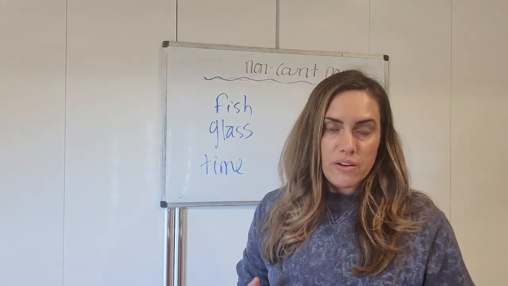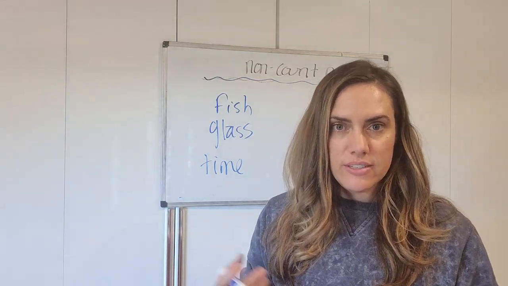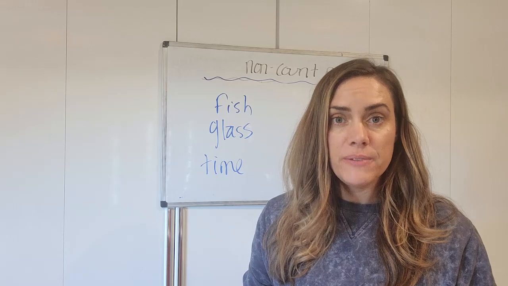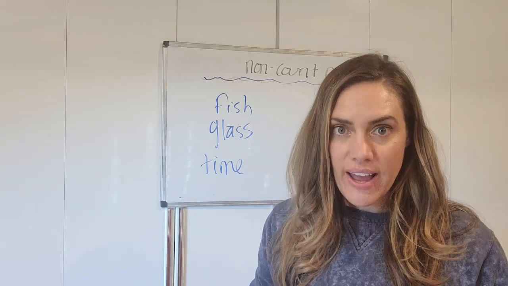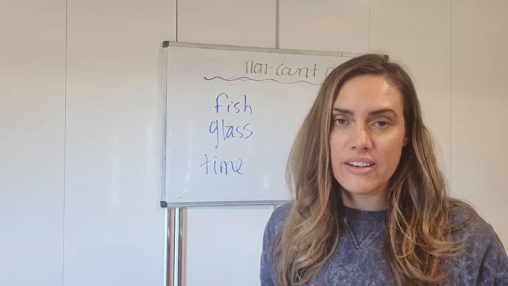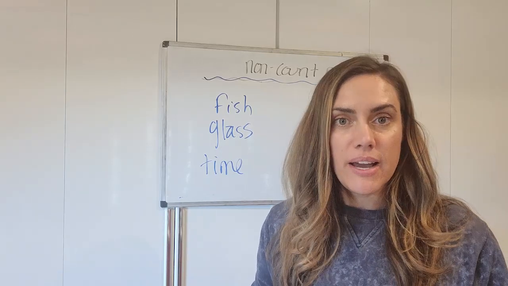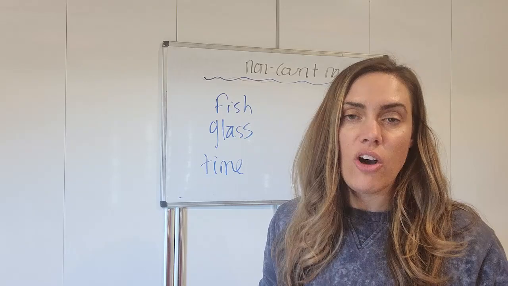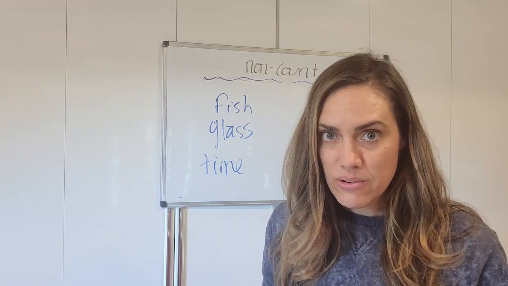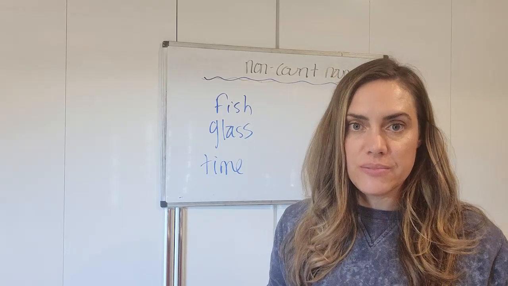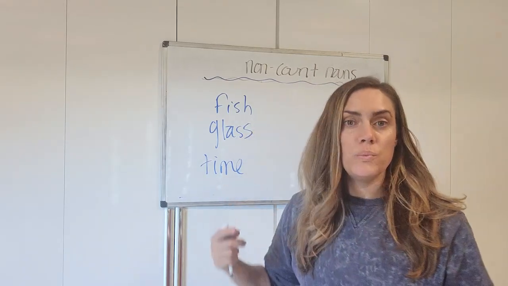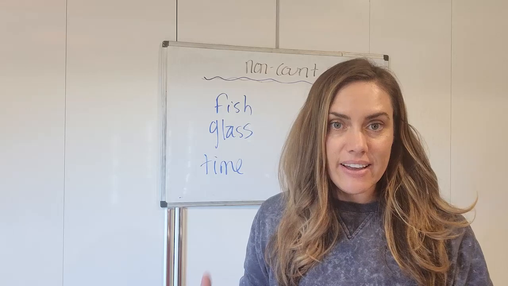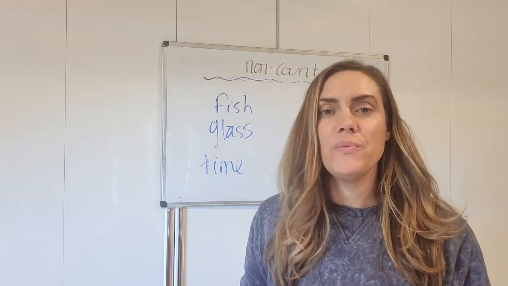So we just went over some non-count nouns and ways to remember what they are. But I want you to know that not all non-count nouns are always non-count nouns. Sometimes a non-count noun can also be a count noun, but the meaning changes. So for example, the word fish. If we're talking about eating that animal, right?